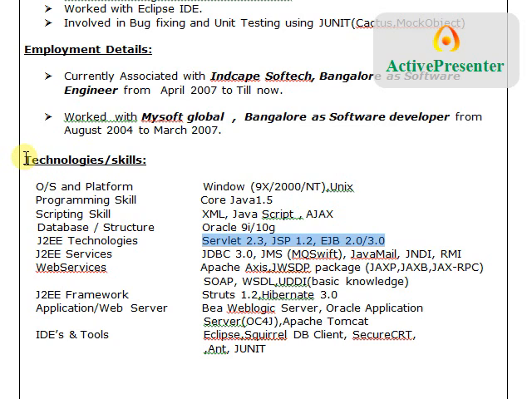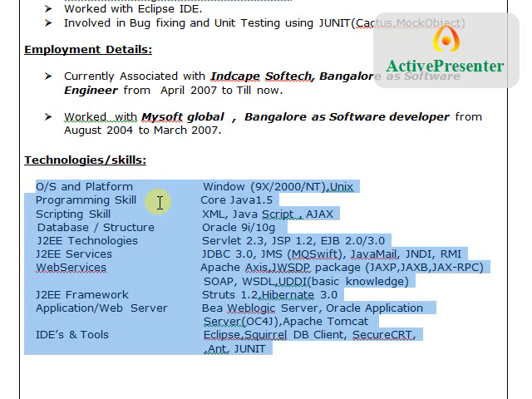But please don't be misled by this technology skills and the experience summary. Usually, in the summary part of the technical skills, what candidates mention is the technologies that are used in the project. Please note my words: used in the project.